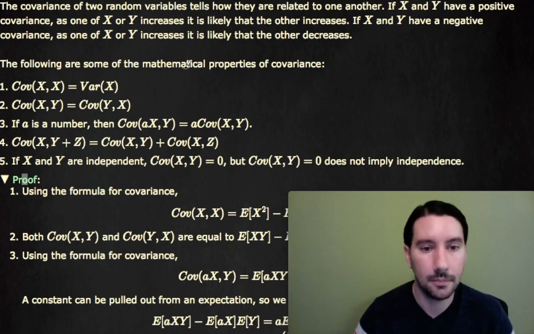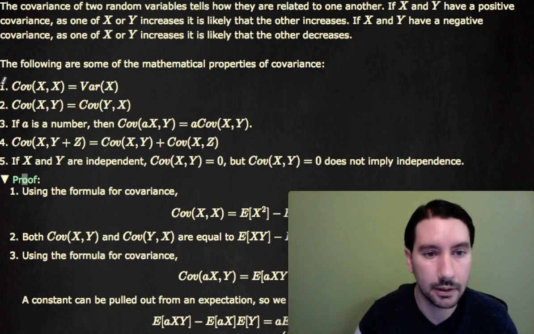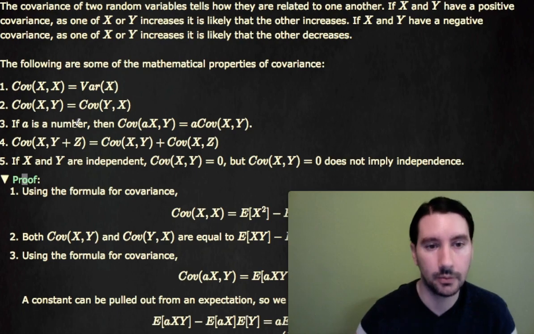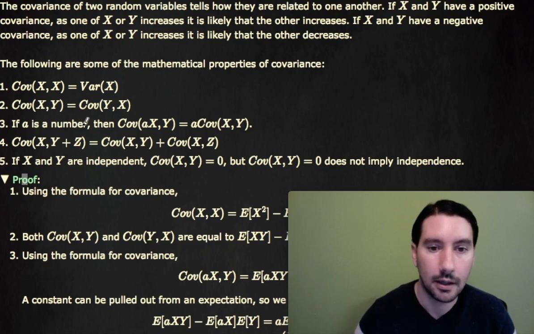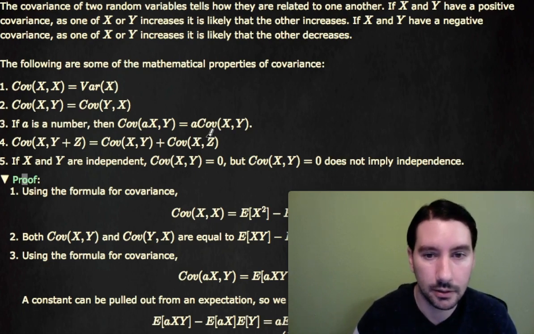Some of the mathematical properties of covariance are that the covariance of X with itself is just the variance of X. It doesn't matter which order you compute them in, so the covariance of X and Y means the same thing as the covariance of Y and X. If a is a number, and we do the covariance of a times X and Y, you can actually pull the a out of the covariance, so it's a times the covariance of X and Y.